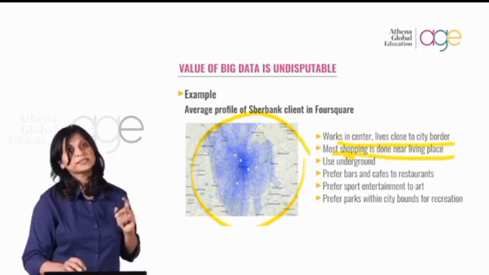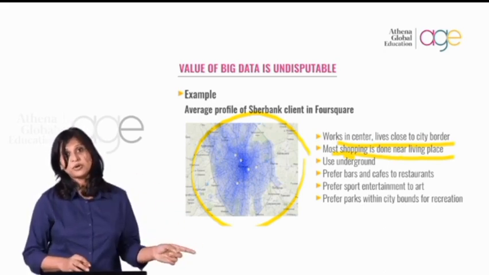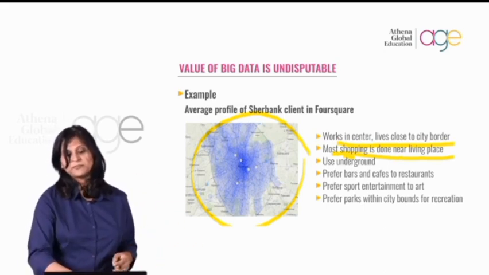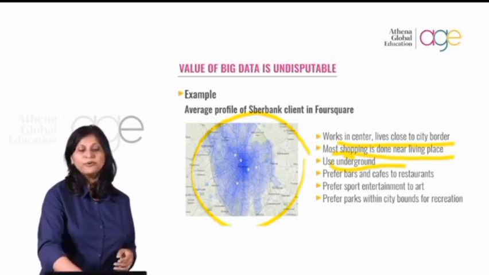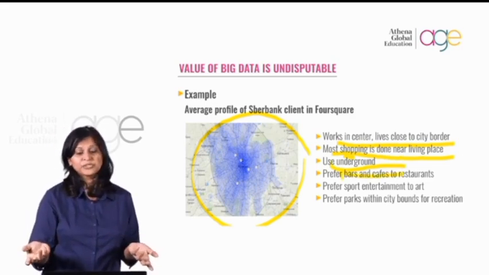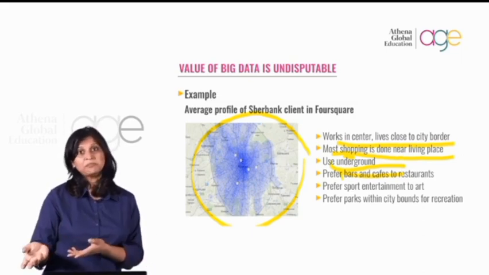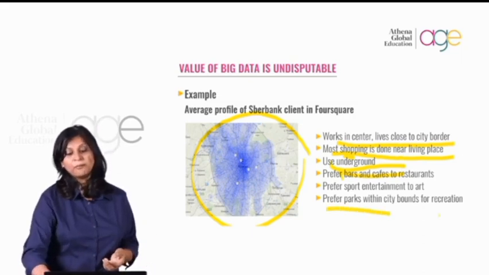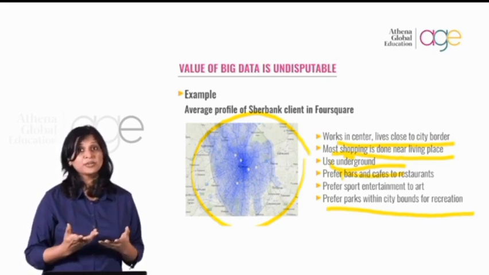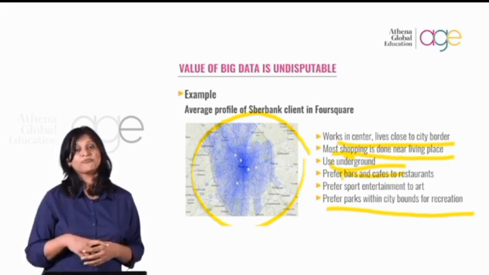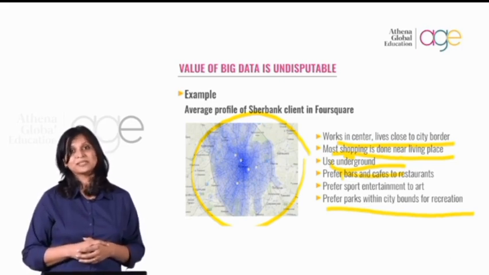Most of their shopping is done near where they live and not in the city centers where they work. They use the underground tube to travel. They prefer bars and cafes to restaurants, sport entertainment to art, and parks within the city bounds for recreation. Very valuable for your further marketing or for enhancing your customer experience.